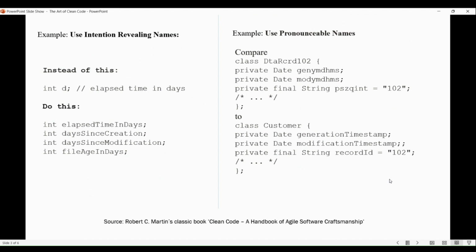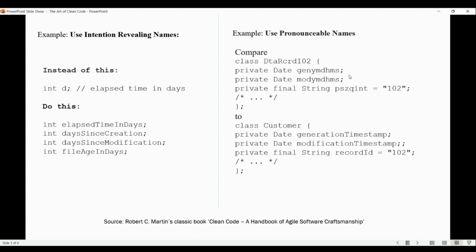So what do we mean by a pronounceable name? This is an example. Compare this code with this. What is more pronounceable to you? You may have the intention of naming the class data record, but you named it DTA RCRD102. And in the variable names, you put genymdhms.